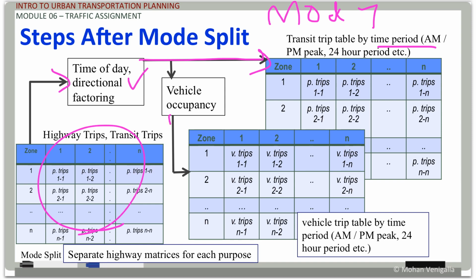Same thing with highway assignment too. So in highway assignment, vehicle occupancy is an important thing. Remember, at this point here, you are maintaining the identity of trip purpose. Home-based work trips, for example, will have lower vehicle occupancy than, say, home-based social recreational trips where more family members might join.